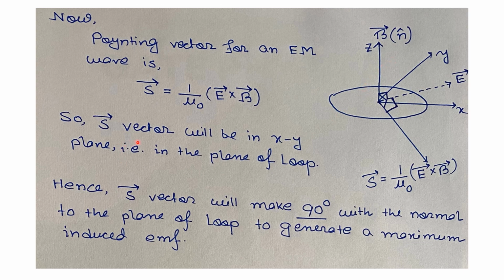So S vector will be in the xy plane, that is in the plane of the loop. Hence S vector will make 90 degrees with the normal to the plane of the loop to generate a maximum induced EMF.